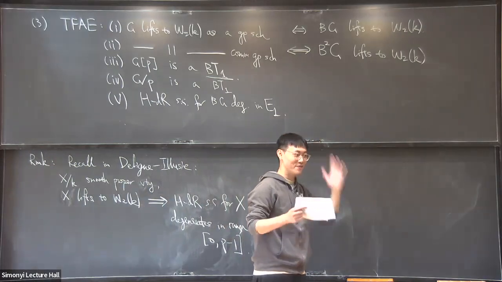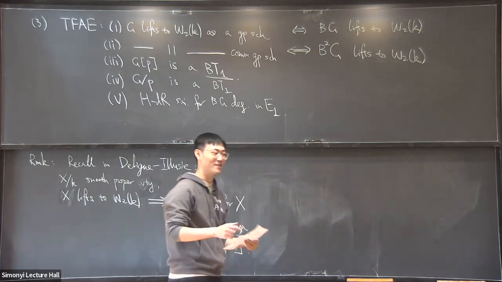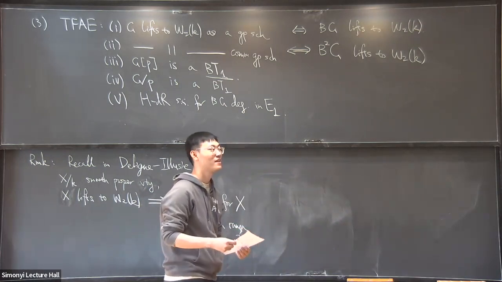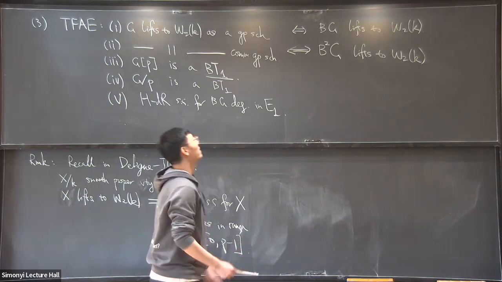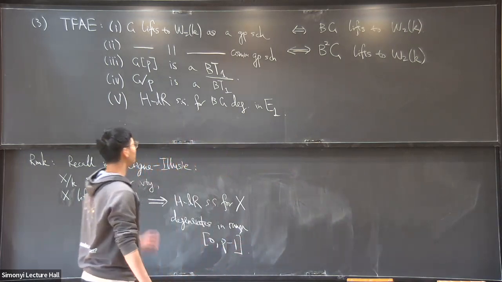I'm sorry, I'm not very detailed. But in particular, your proof of one implies two goes through the cohomological method. Yes, right.